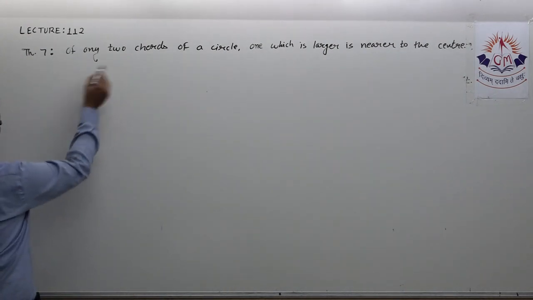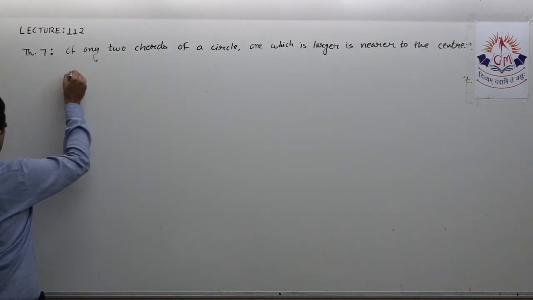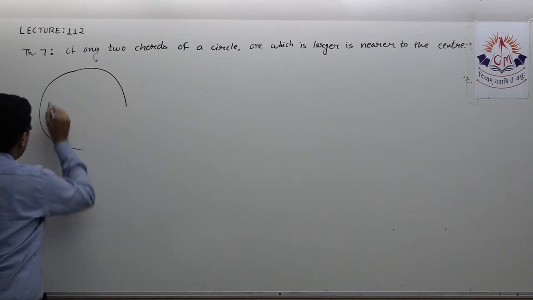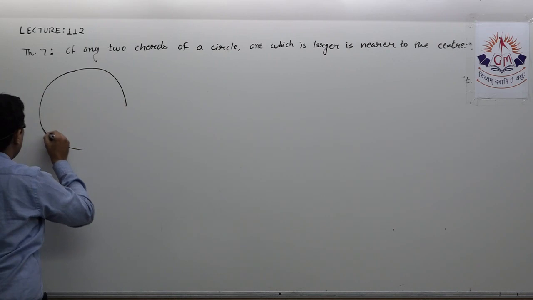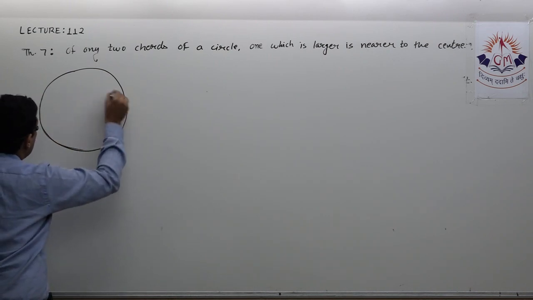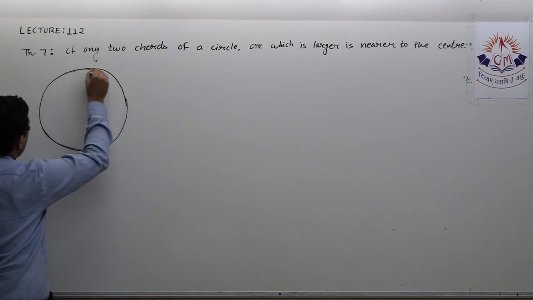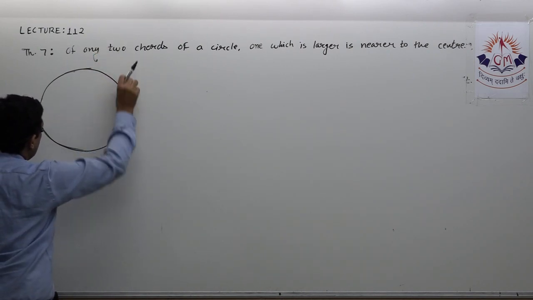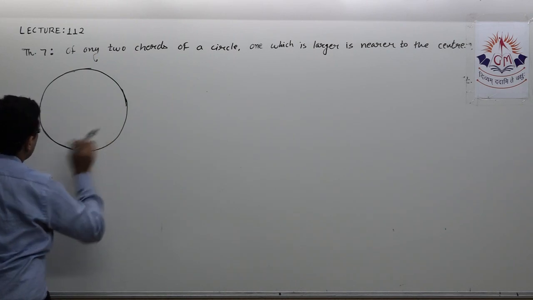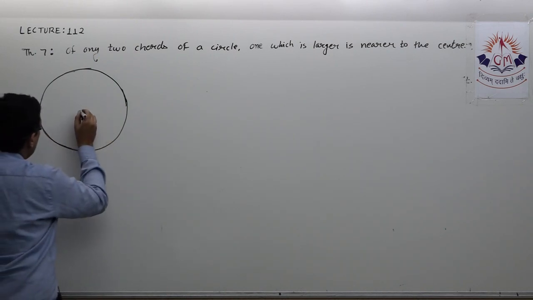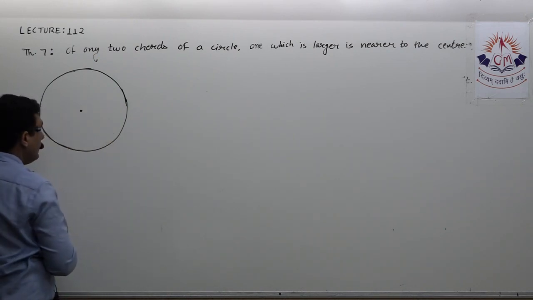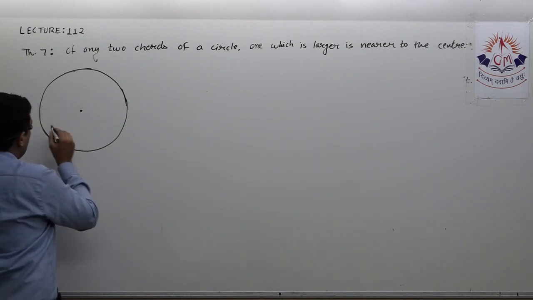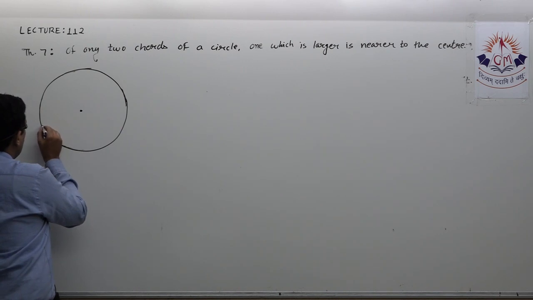Okay, so let us see how to prove this. Again, first of all, we have a circle. As I am asking you again and again, do draw the circle with the help of a rounder and pencil only, because exact shapes give you some extra information. So here I am considering this is the center. Now we have to prove the chord which is larger is nearer to the center.